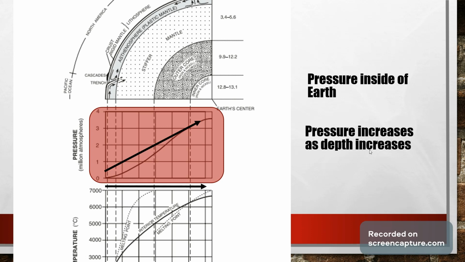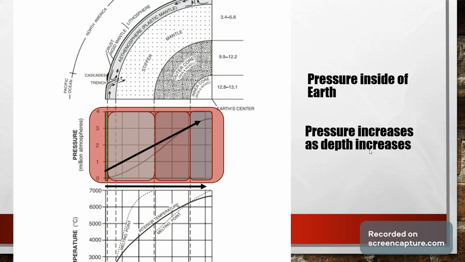Now, remember those dotted black lines that I talked about in the beginning of the video? They come back into play here because we have different zones in this pressure diagram. All the way on the left in the green, we have this little thin sliver for the crust. Then we have this box for the stiffer mantle, the outer core, and the inner core.